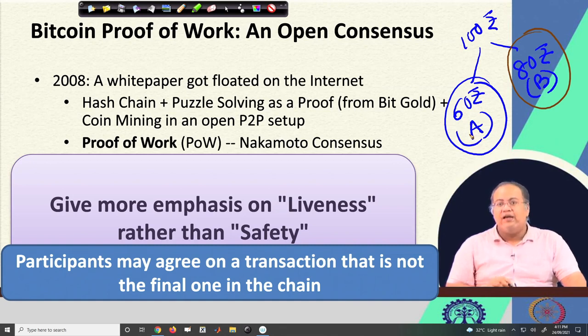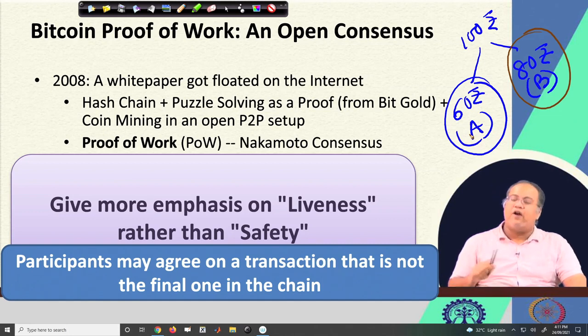Although both agree that the two transactions cannot be accepted simultaneously, and only one of them will be accepted, which one we cannot tell immediately. For that we need to go through multiple other routes to find it out, and how we do that we are going to cover in detail in the subsequent lectures.